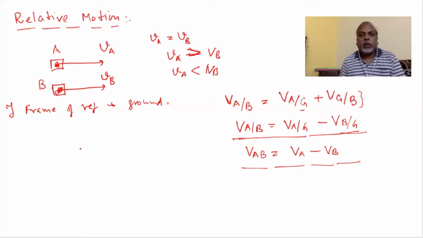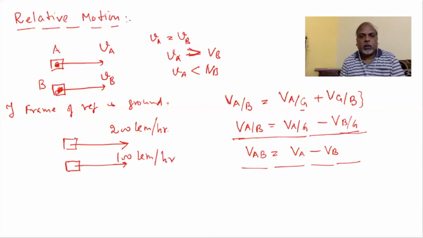And of course, suppose VA is moving like this, suppose this is 200 kilometer per hour and this is 100 kilometer per hour. This is VA and VB.